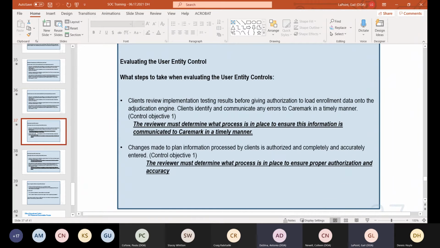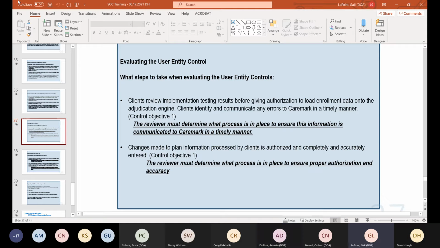Okay, so we need to evaluate what our user entity controls are. What steps do we take next? The client, we review the implementation test results before implementation is given to load enrollment data into the adjudication engine. Control 1.